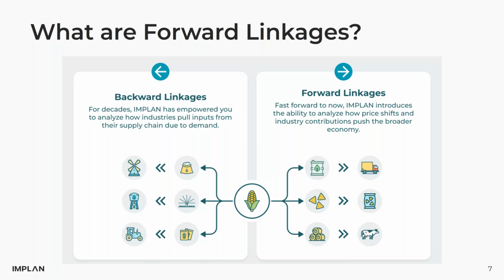Where you will run the risk of double counting is if you run backwards from corn and forwards from corn and count that direct twice. That direct should be the same in both instances. What you really need is just the direct from either one, the indirect and induced from your backward, and the indirect from your forward. That would eliminate the double counting.